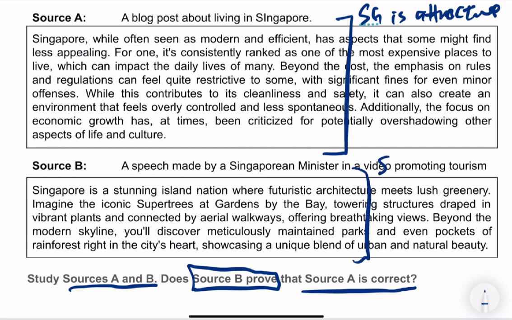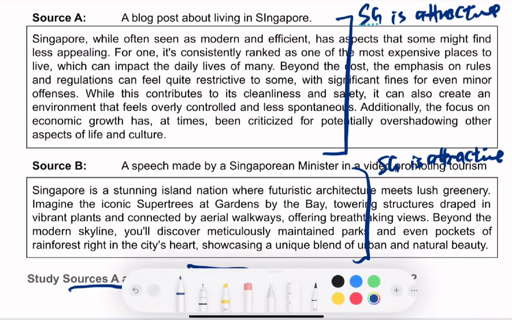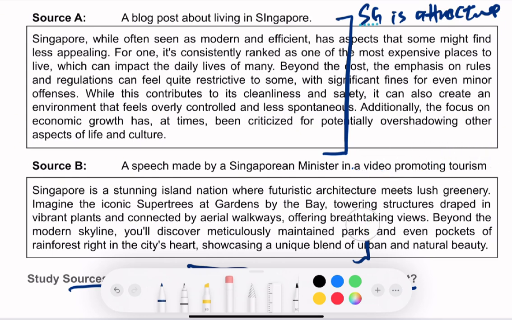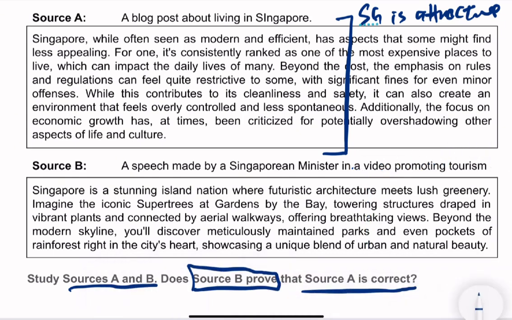This also tells me that SG is attractive. In my previous videos, I did break down these two sources, so I don't think I want to go into too much detail again. So this is also saying that SG is attractive.